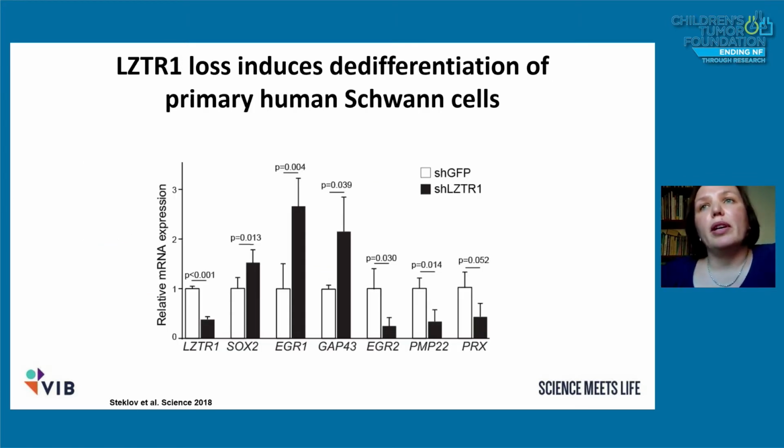As a first model, we used primary human Schwann cells. We found that suppression of LZTR1, which mimics loss of LZTR1 activity in schwannomatosis patients, leads to gene expression signatures that resemble those of proliferating Schwann cells during nerve regeneration. So it means that loss of LZTR1 induces dedifferentiation of Schwann cells.